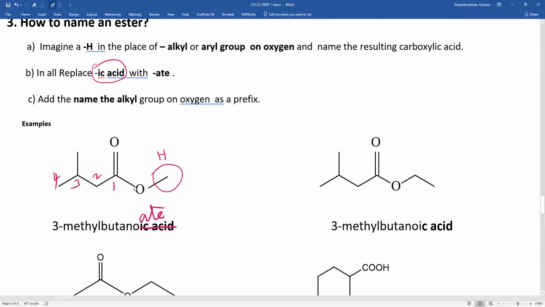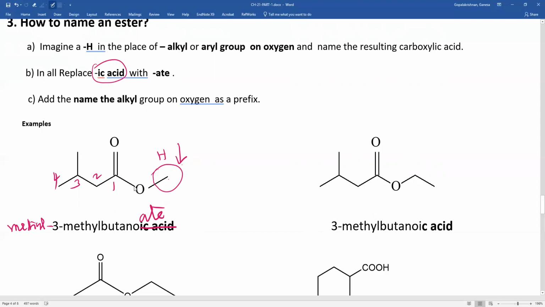And then name this R group in the front. Methyl 3-methyl butanoate. The name of this in the front.